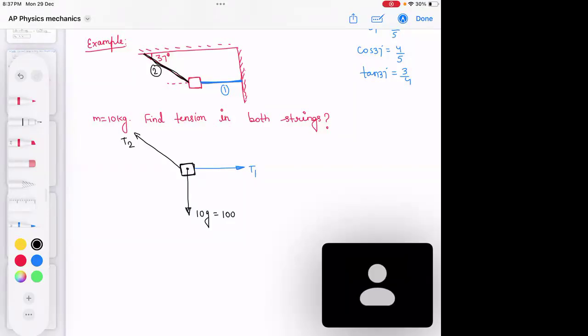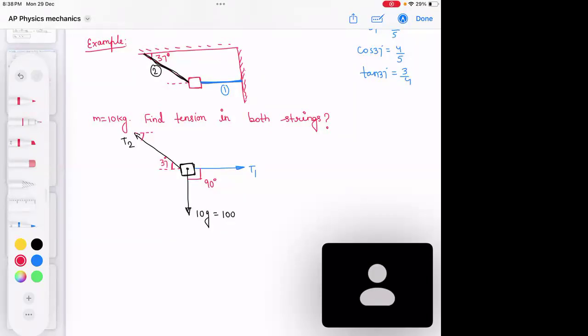So these are the three forces. What are the two unknowns? T1 and T2, which we have to calculate. What are the angles? This angle is 90 degree, horizontal and vertical. This angle is 37 given. So this alternate angle will become 37.